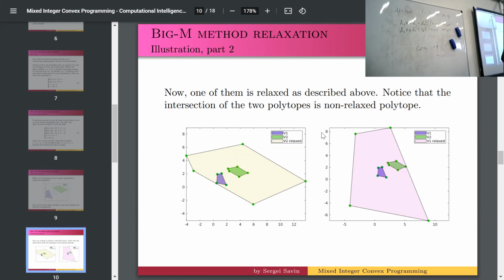Hybrid system control, where you want to choose one of the two possible dynamics. Trajectory planning for a quadrotor where you want to go to the left of the pillar or to the right of the pillar. Parking for a car, where a road is one polytope, and a parking space is a different polytope, parallel parking.